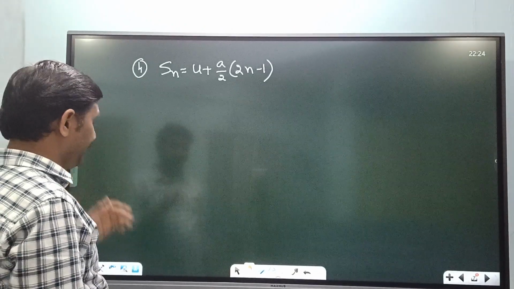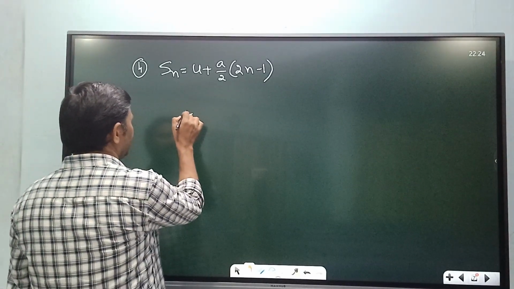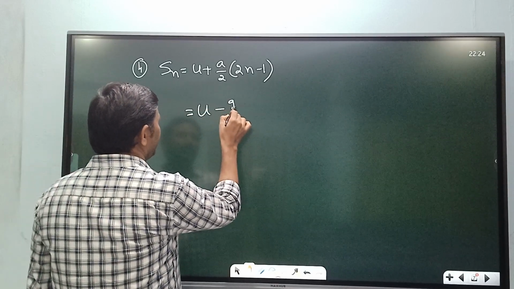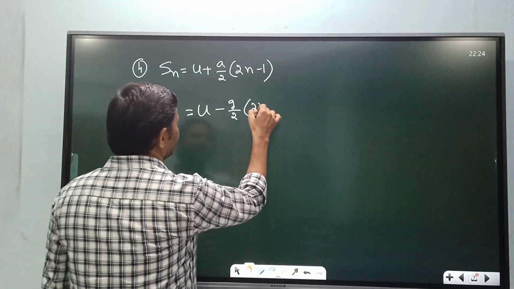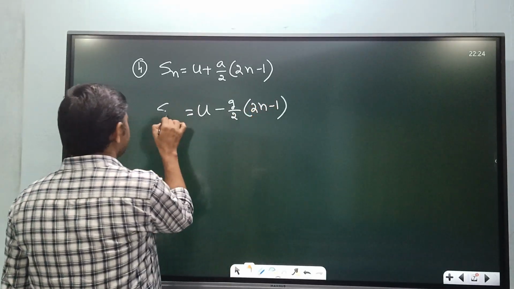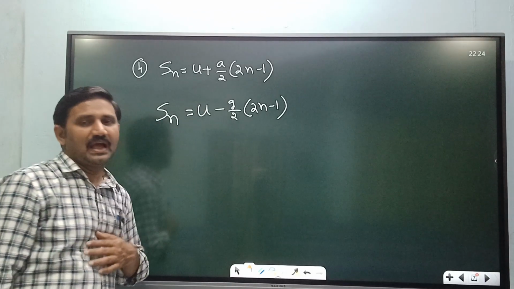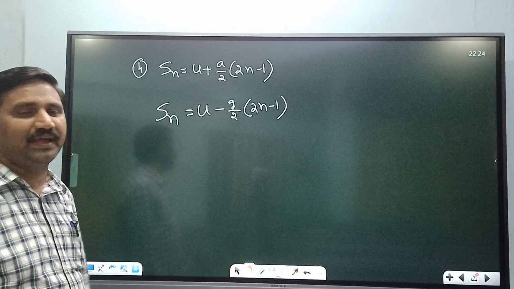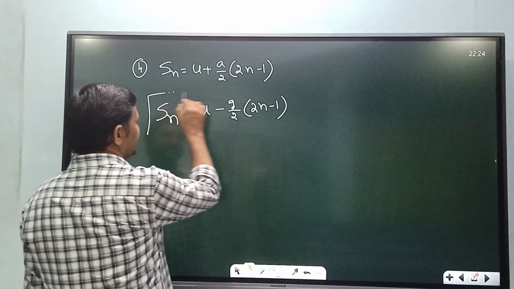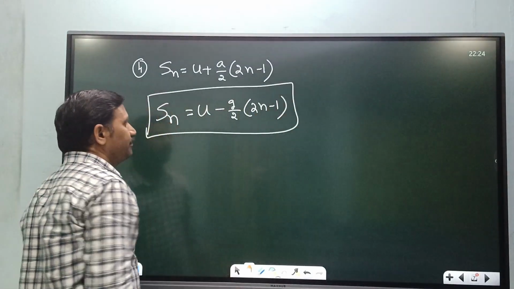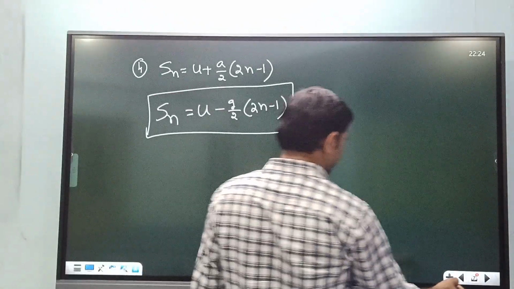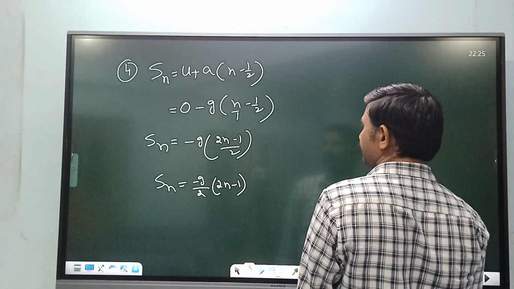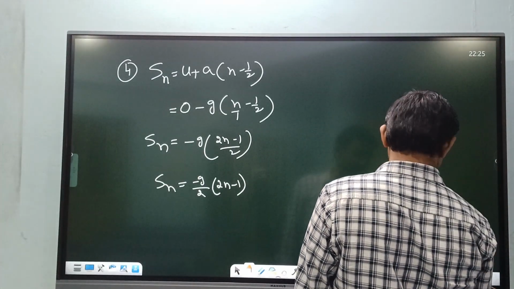Here a is minus g, so Sn is equal to u minus g by 2 into 2n minus 1. This is the displacement of the body in the nth second.